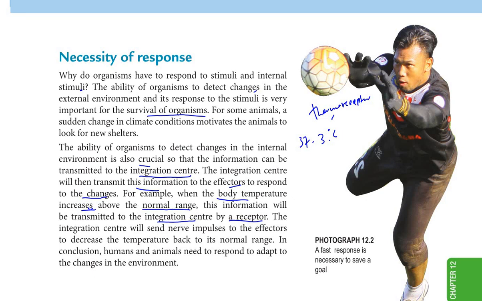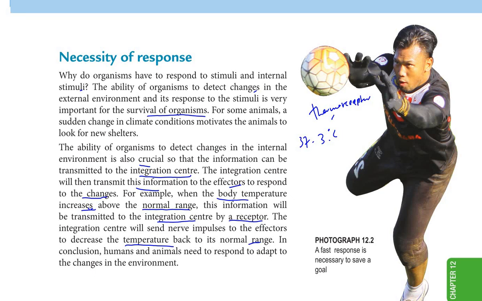Then the integration center will send the impulse to the effectors through the motor neuron, to decrease the temperature back to its normal range. So maybe at this time the response will be sweating. We will sweat, maybe we will drink a lot of water and so on to decrease the body temperature.